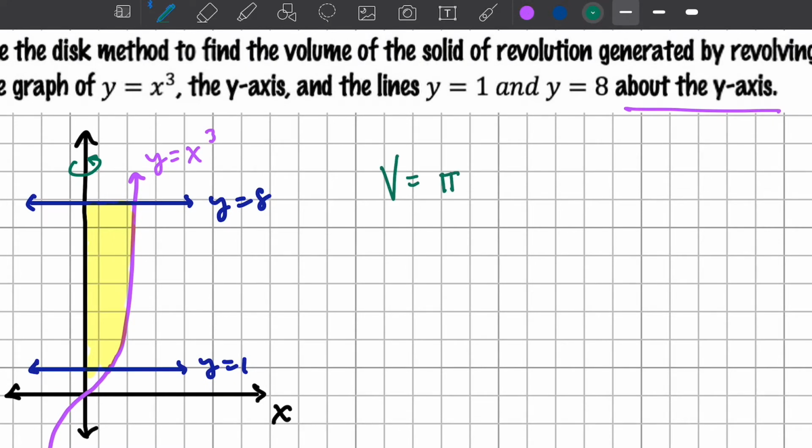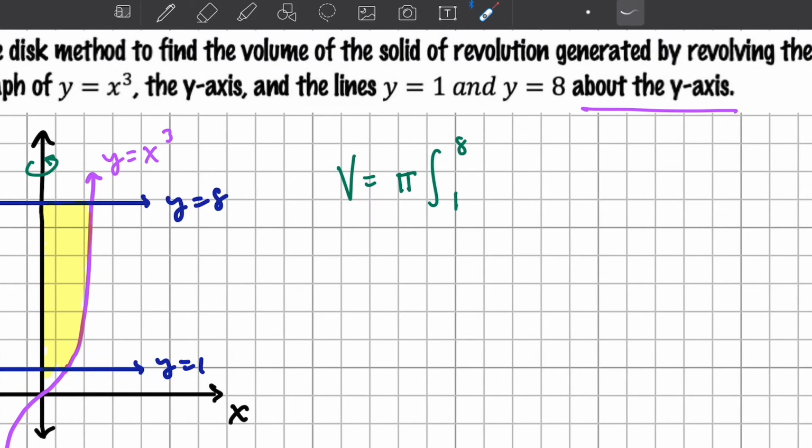So volume equals pi integral. The integral is going to be from this y value to this y value, so from 1 to 8. And our function needs to be in terms of y, so that means we need to solve for x.